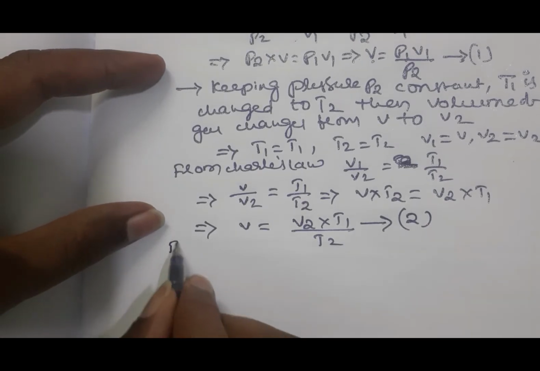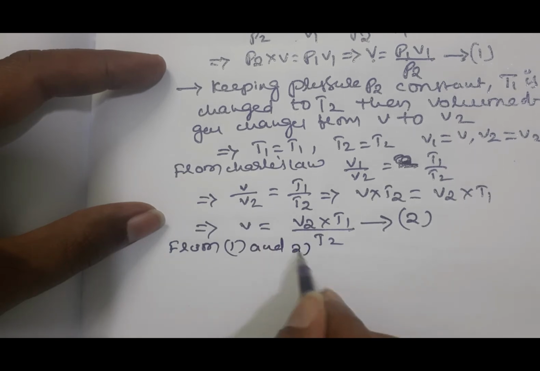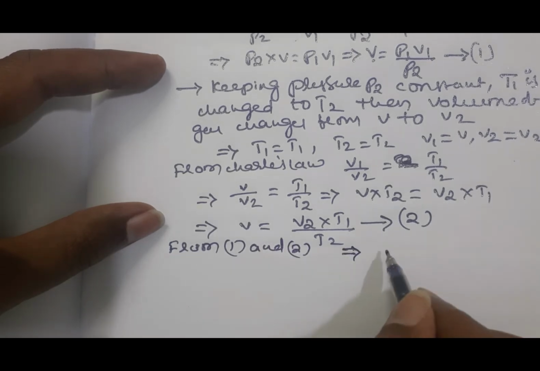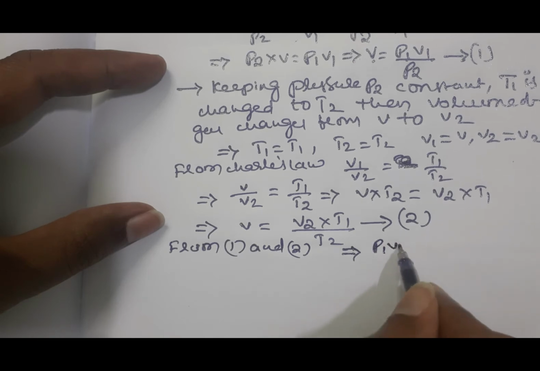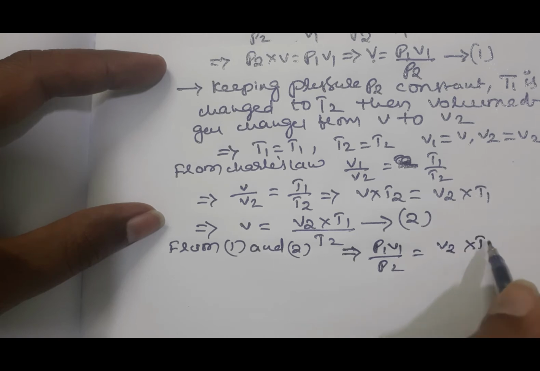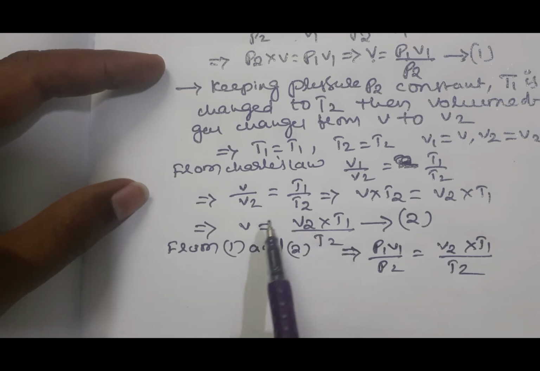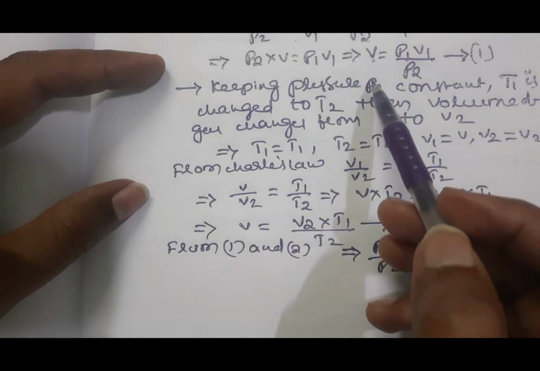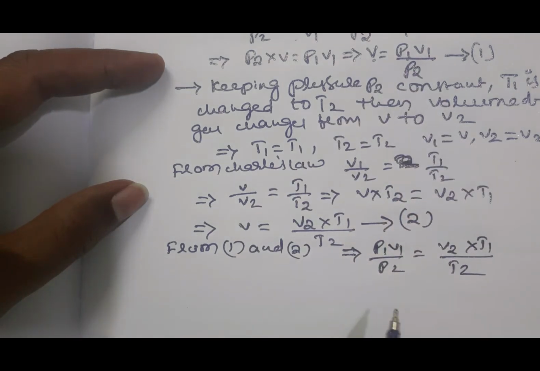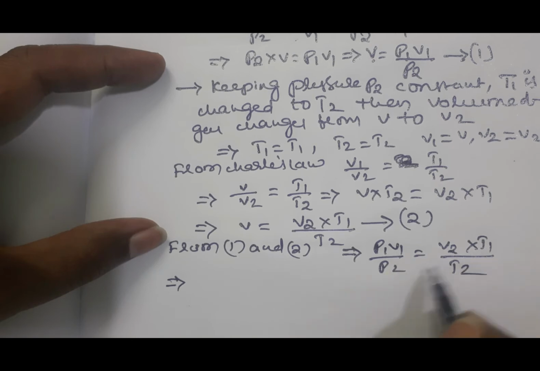From equations 1 and 2 we can write P1 V1 by P2 is equal to V2 into T1 by T2. As the left sides are equal, the right side quantities will be equal. By cross multiplication, P2 is transferred to one side and T1 is brought to the other.